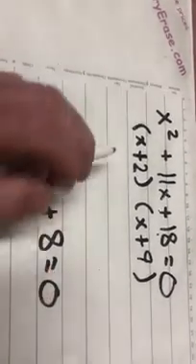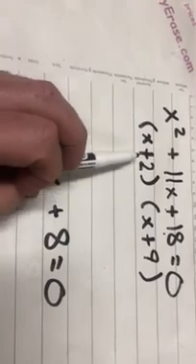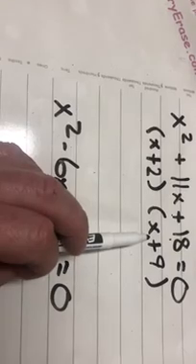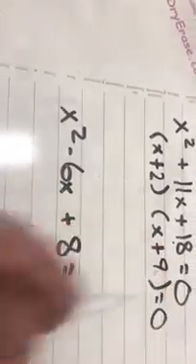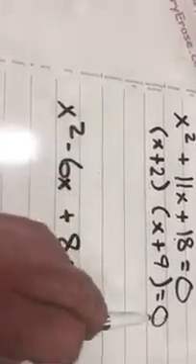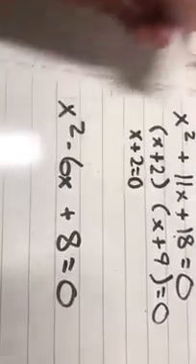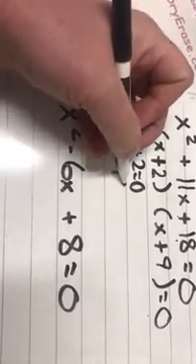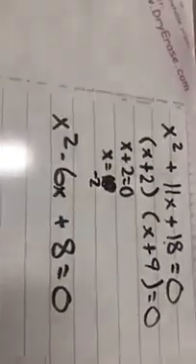Now I need to solve for x. Now I know I have a multiplication problem, x plus 2 being multiplied by x plus 9, and that equals 0. And since one of these numbers has to be 0 for the product to be 0, I know that I can have x plus 2 equals 0, and if x plus 2 equals 0, x must equal negative 2.